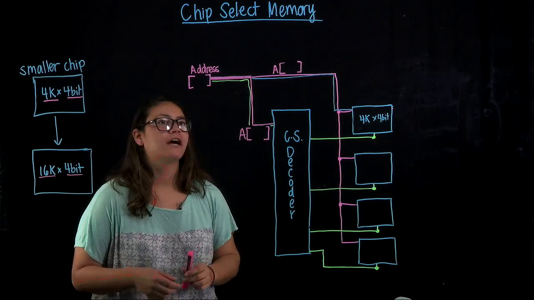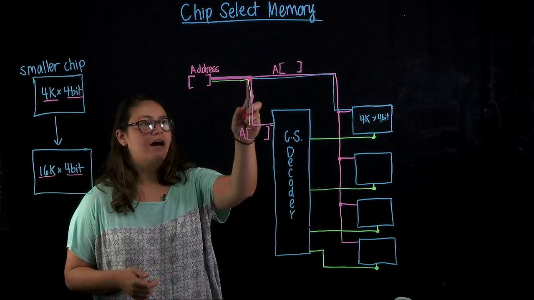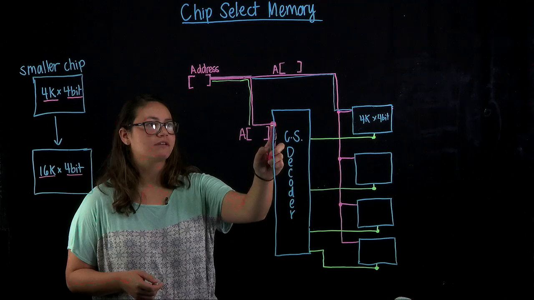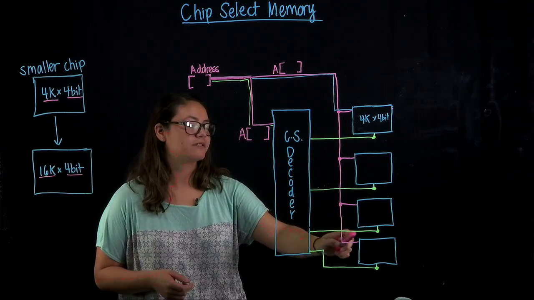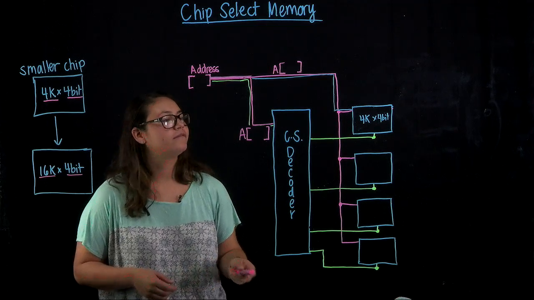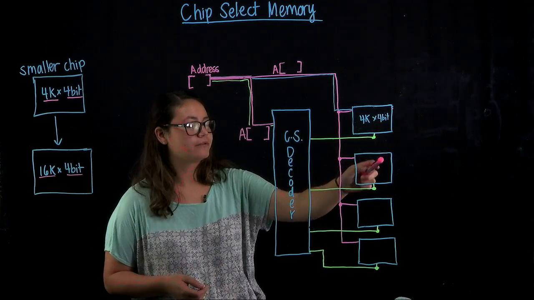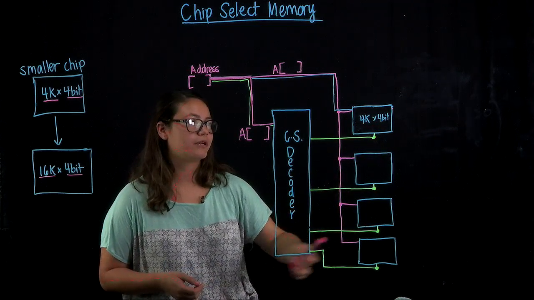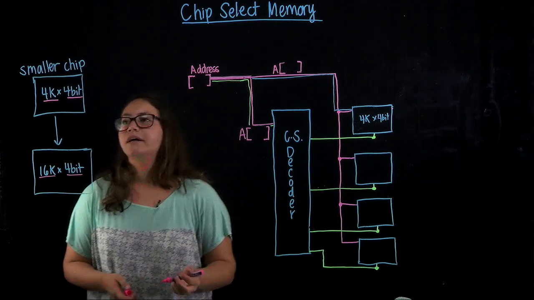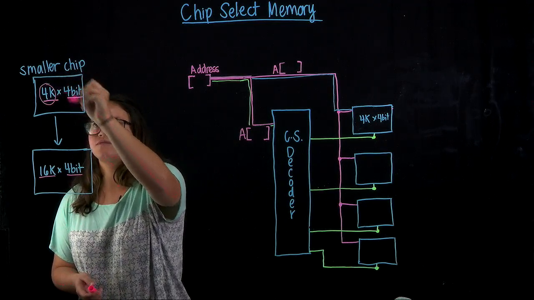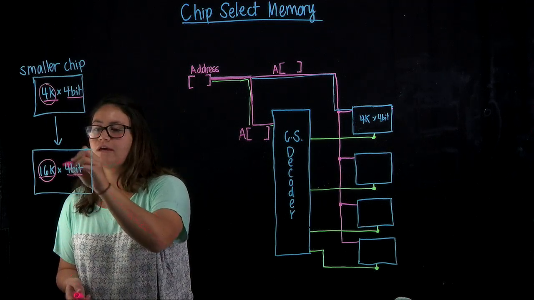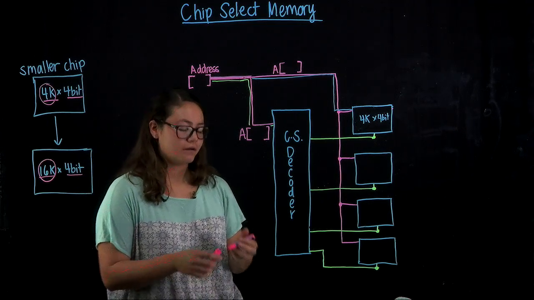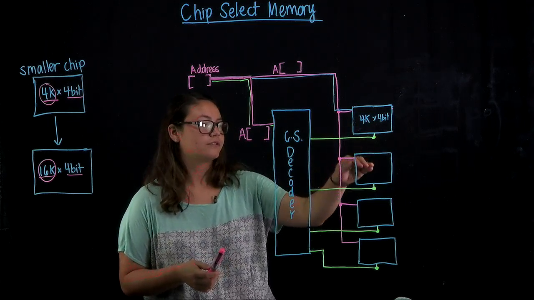So if we want to figure out what portion of the address goes into the chip select decoder and what portion just goes into all the chips, we can think of first how many rows we're going to need in our memory. So again, if the address space is 4K on the little chips and we want it to be 16K on the bigger memory, we're going to need 4 rows.